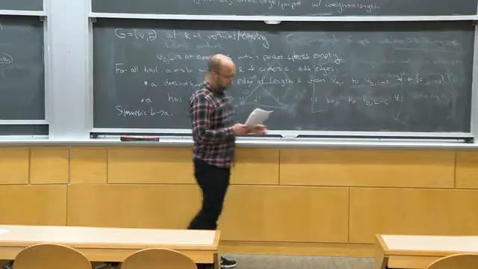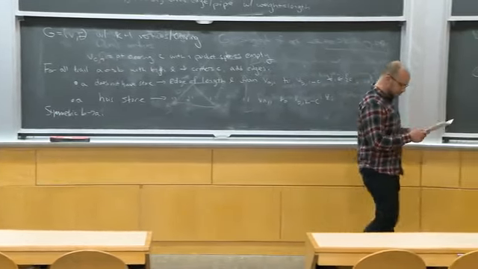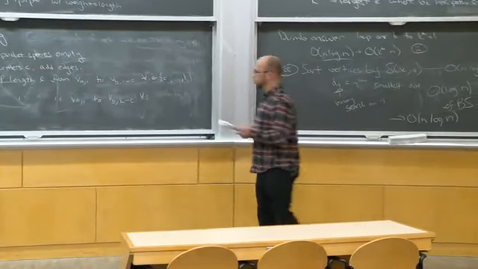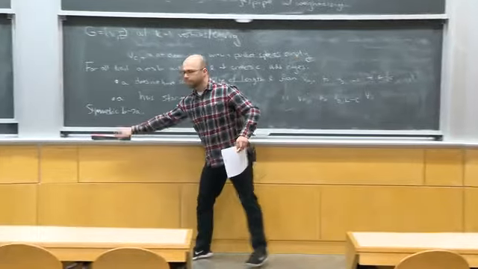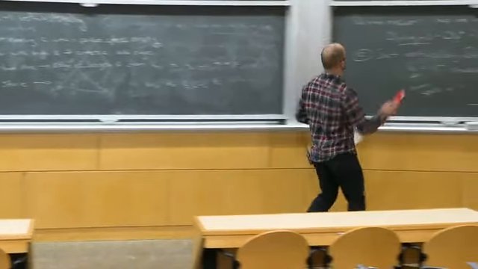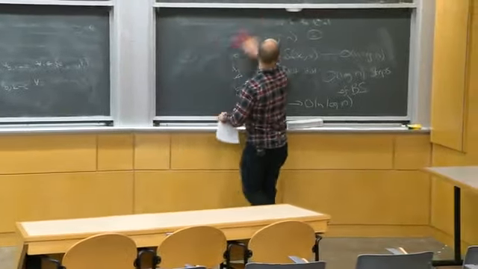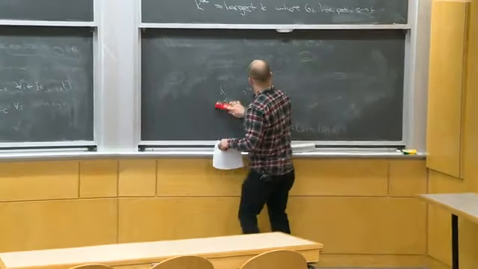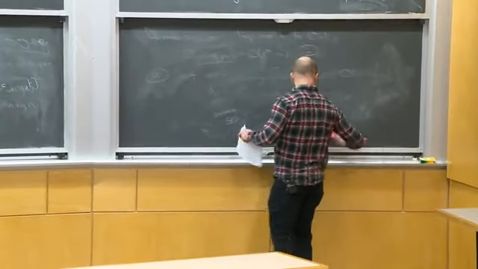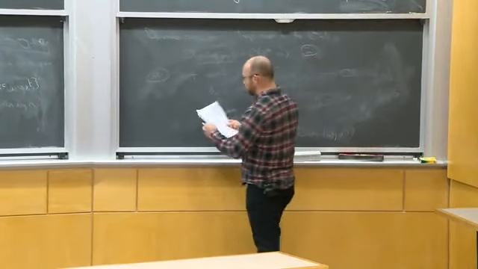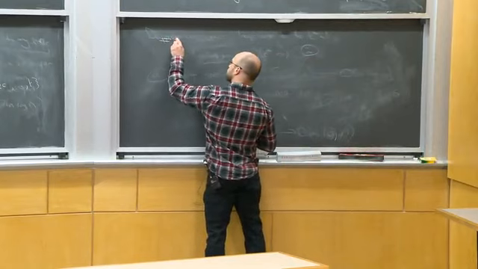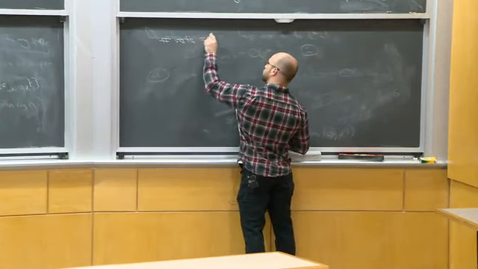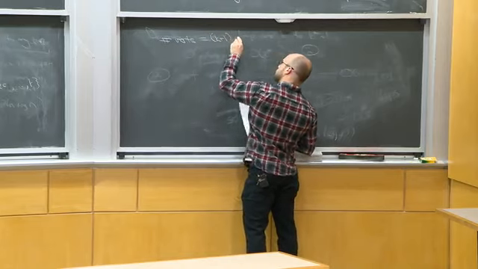Okay, so now I have a graph, and first of all, we should reason and make sure that we can actually construct this graph in a reasonable amount of time. So let's do that really fast. Right, so the number of vertices in our graph, well, I basically have k plus 1 copies of my graph, so it's equal to k plus 1 times n.